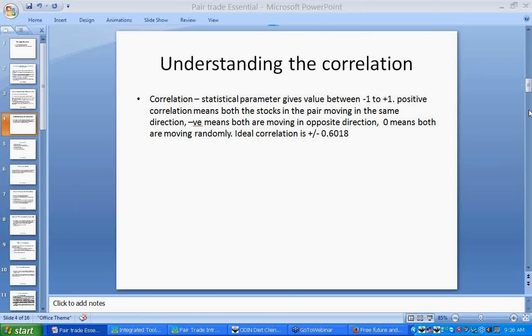One more factor is very important, that is called correlation. In the first stage of your analysis, you identified which is costlier and which is cheaper. But this costlierness or cheaperness of that counter may be due to some temporary correction, some temporary valuation on the counter.